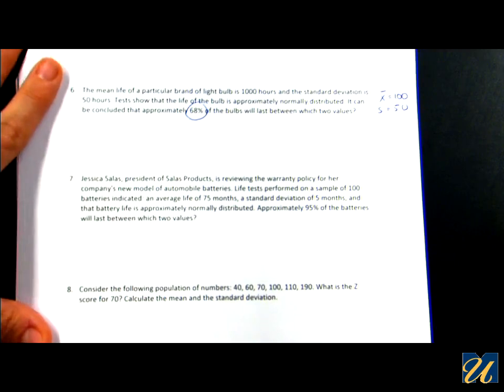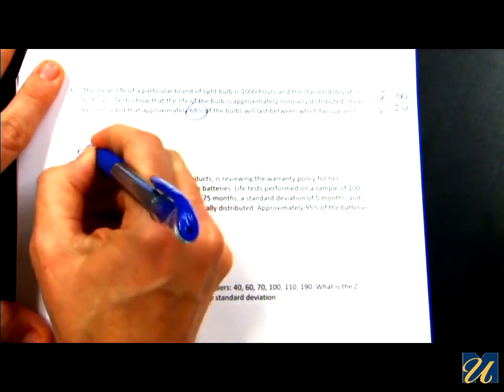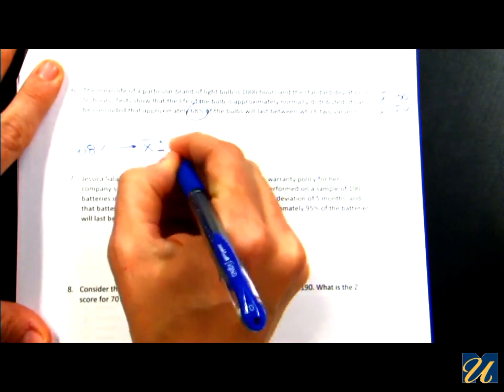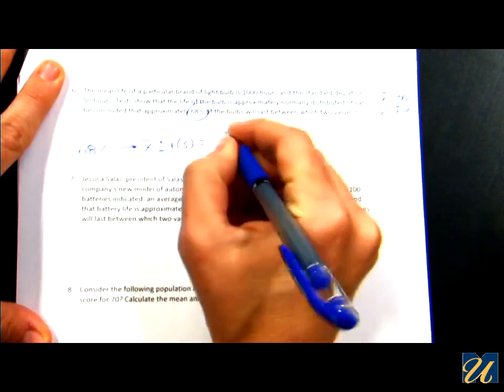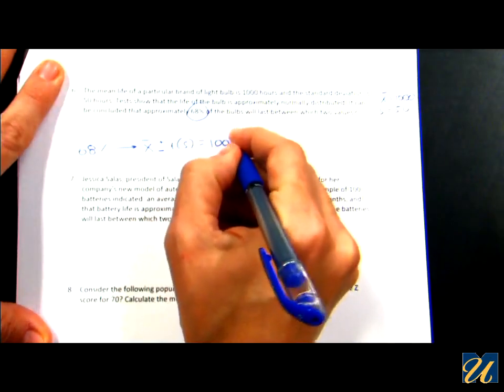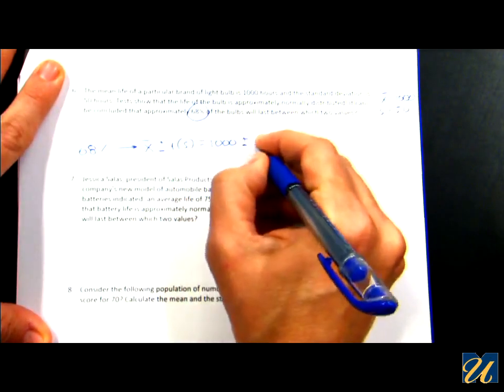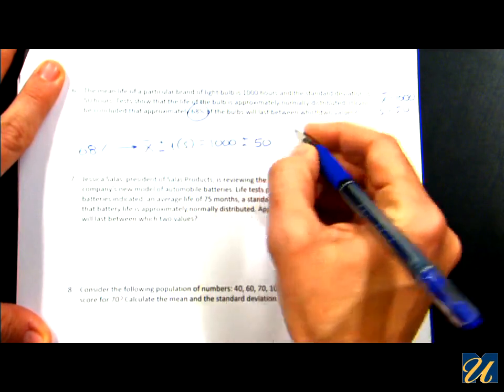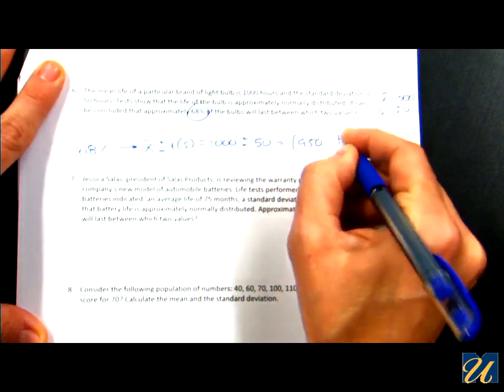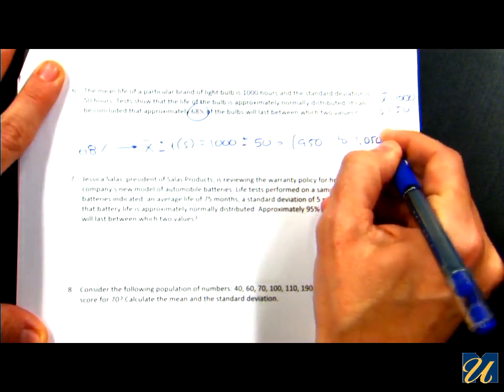Empirical rule, 68% of the data, normal distribution, X bar plus or minus 1 standard deviation, 1,000 plus or minus 50. So 68% of the data will be between 950 to 1,050.